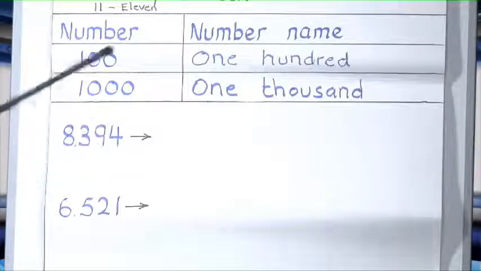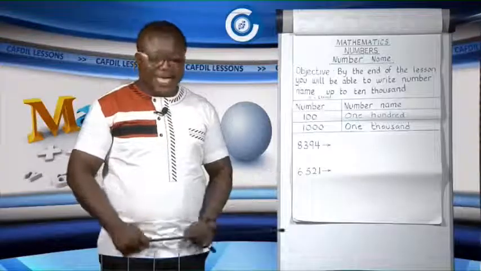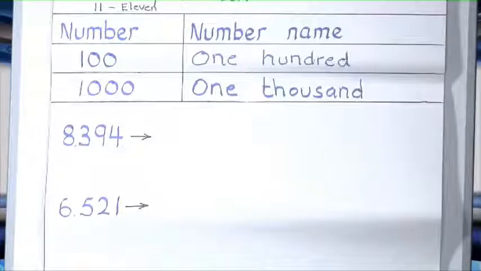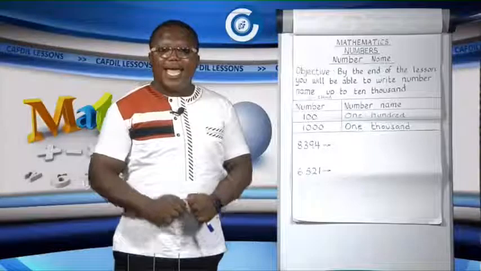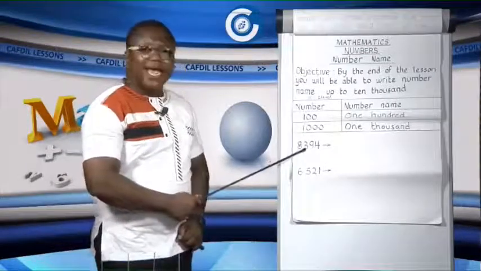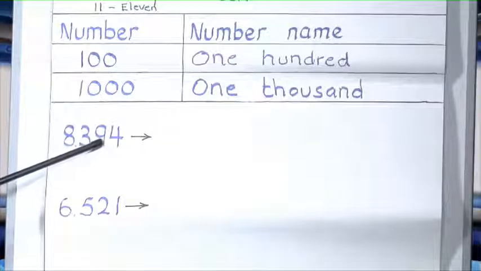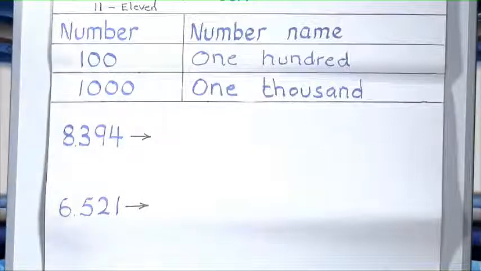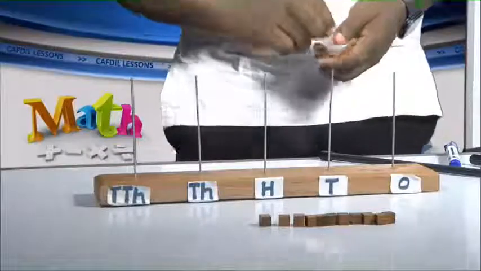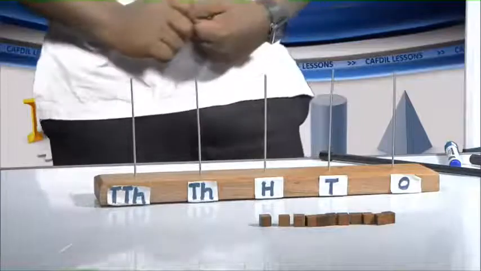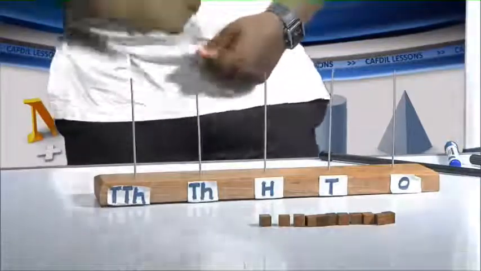And we are saying we want to write the number name. So learners, how do we place this figure on this abacus? 8,394. So we are going to place the beads on the abacus to show the figure 8,394.